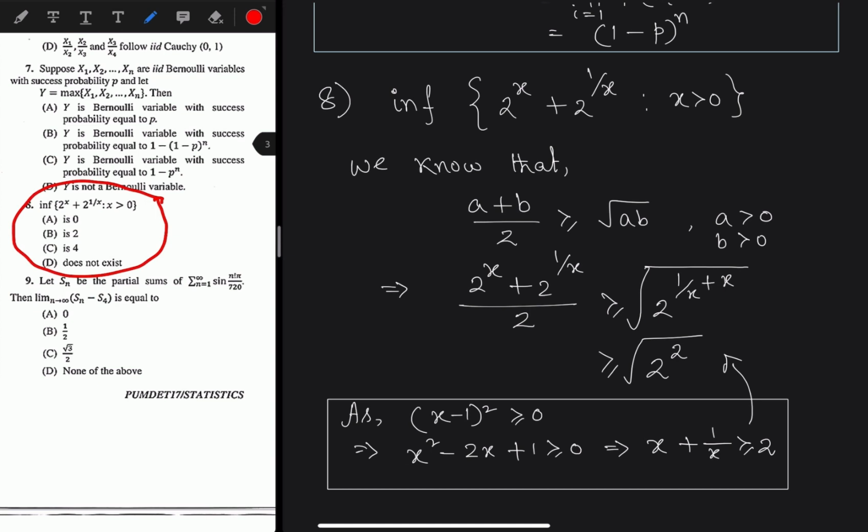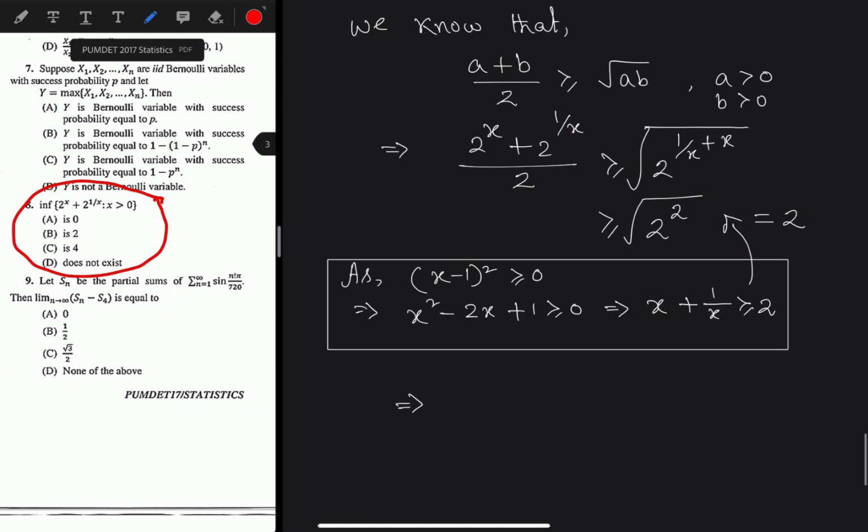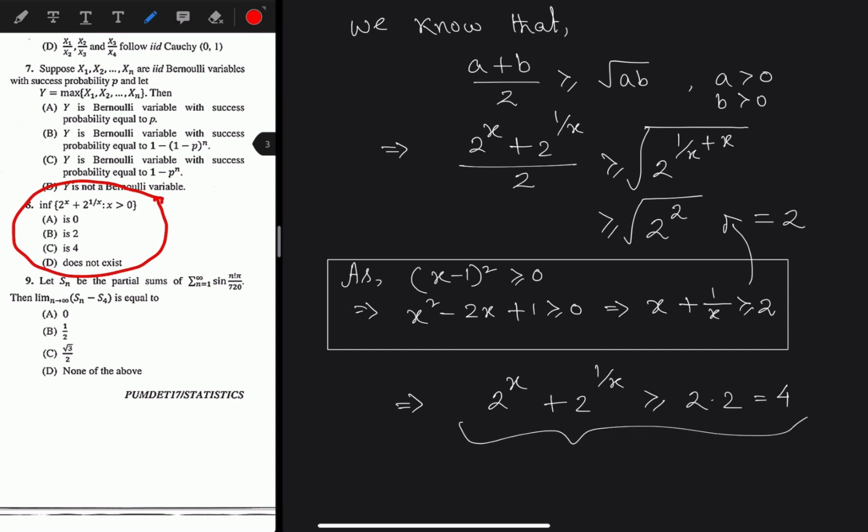Okay, so we applied this relation here, that x plus 1 by x is greater than or equal to 2. That means 2 to the power (x plus 1 by x) must be greater than or equal to 2 to the power 2. Okay, so hence this, and this is equal to 2. Or we have got that 2 to the power x plus 2 to the power 1 by x is greater than or equal to 2 into 2, which is equal to 4. Okay, so as we know that any set which has a lower bound and attains the lower bound, that means the lower bound will be the infimum of that set.